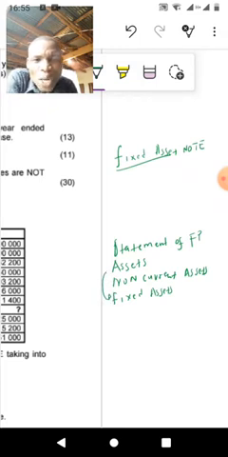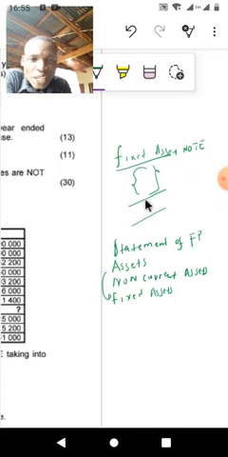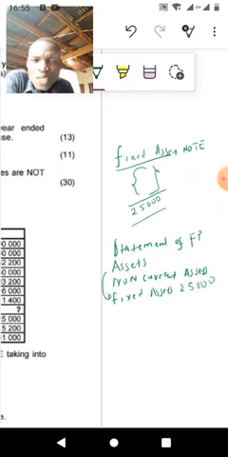So when you are required to prepare the fixed asset note and you realize that the figure at the end of the year that you get from the note, let's say, is 25,000, it means that in the balance sheet, on fixed assets, you are going to write 25,000. So you can see there is a huge relationship between the note and the statement itself.